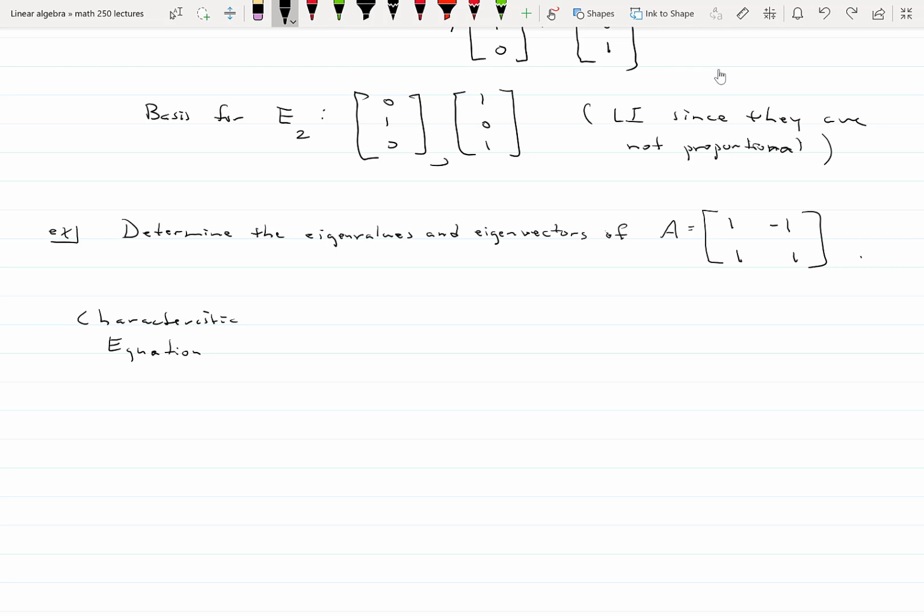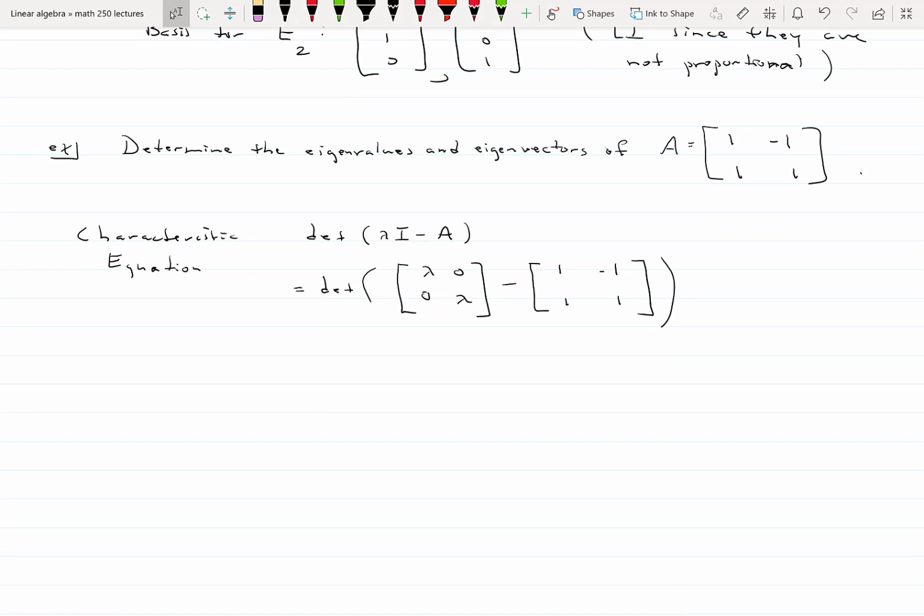The characteristic equation is the determinant of lambda I minus A equals 0. Let's figure out the left-hand side first. It's the determinant of lambda I, which will be the 2 by 2 diagonal matrix, lambdas along the main diagonal, zeros everywhere else, minus A. At least you won't have to watch me rewrite that 3 by 3 matrix over and over again.